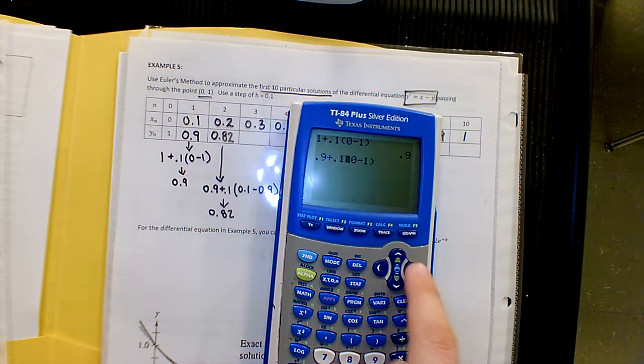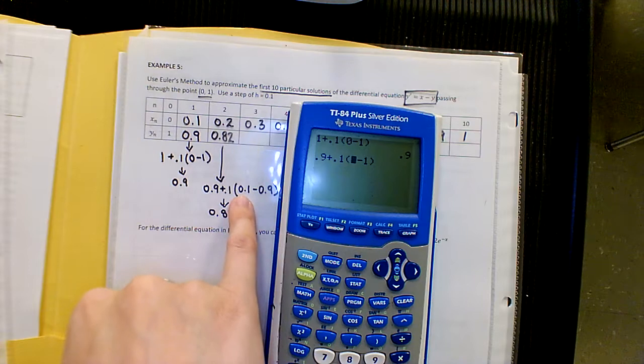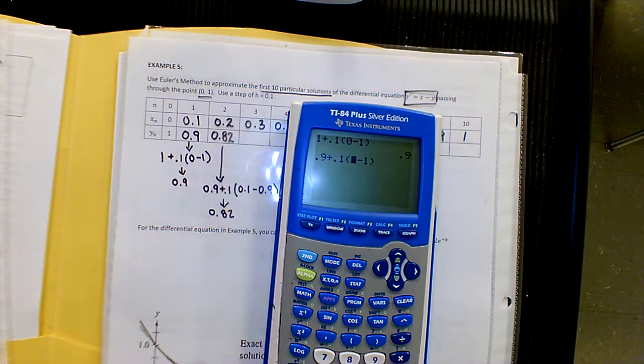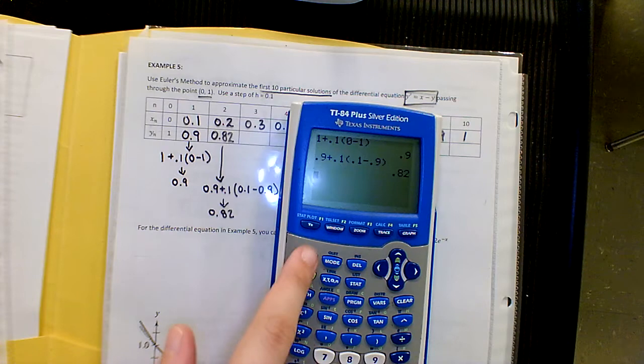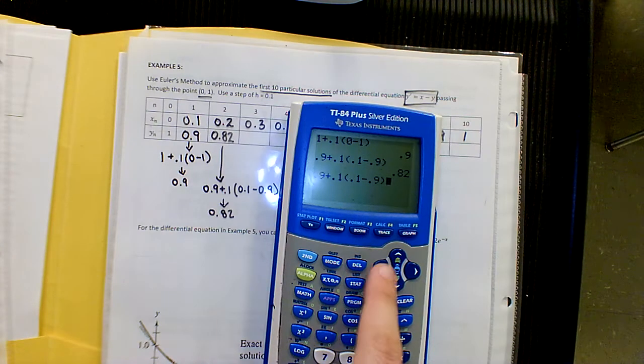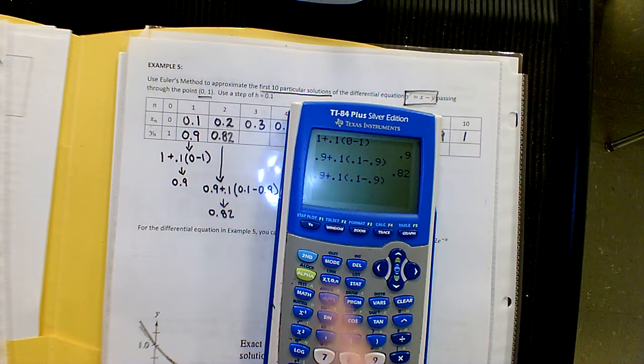Okay. And then I also need to change 0.1 minus 0.9. So you can just go ahead and type that in if you want to. And you get the 0.82. Okay. If I anticipate the next one, I can hit that second entry again. I'm going to have to change the 0.9 to a 0.82.